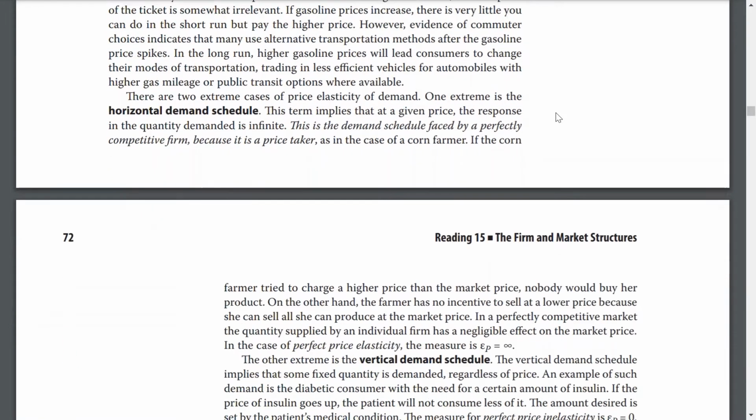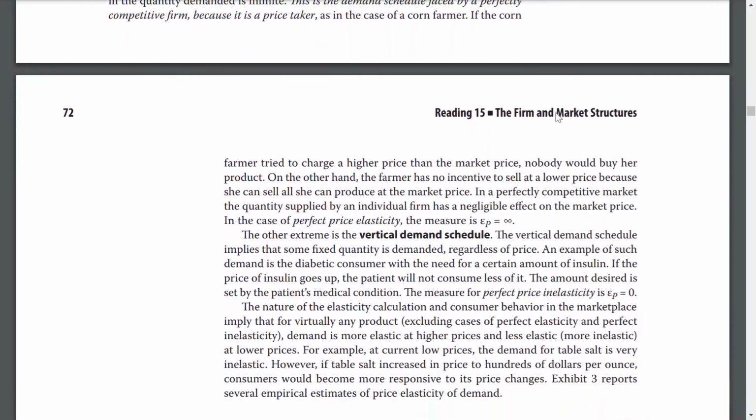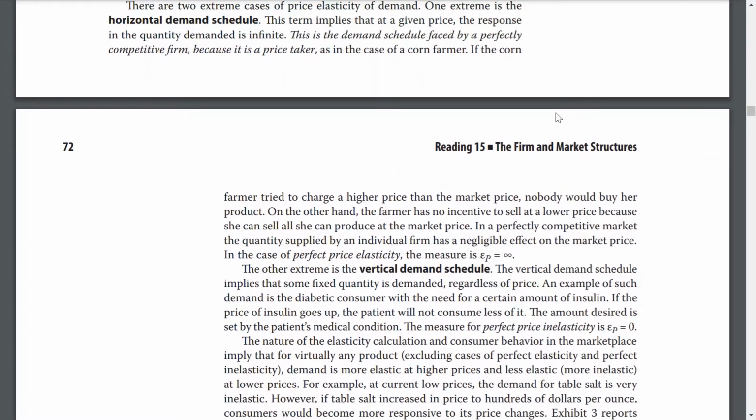There are two extreme cases of price elasticity of demand. One extreme is the horizontal demand schedule. This implies that at a given price, the response in the quantity demanded is infinite. This is the demand schedule faced by a perfectly competitive firm because it is a price taker, as in the case of a corn farmer.